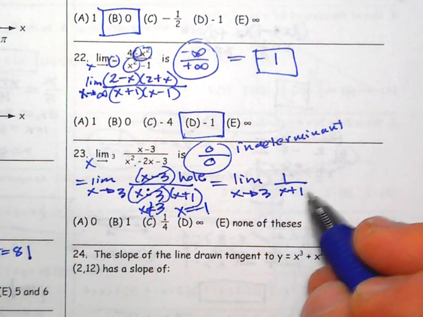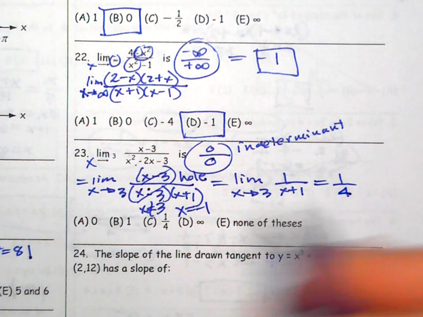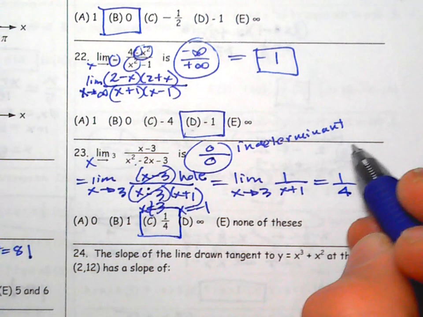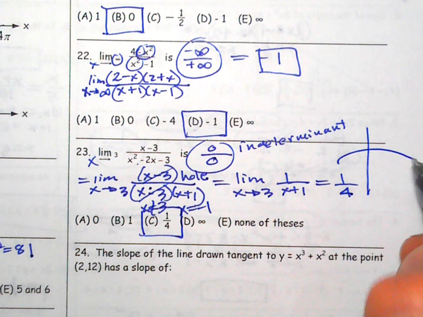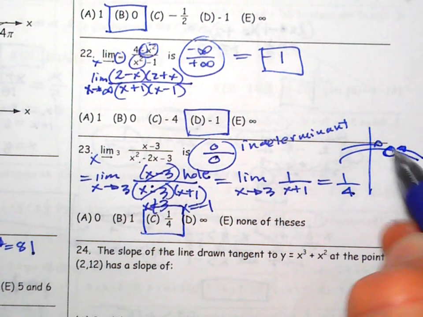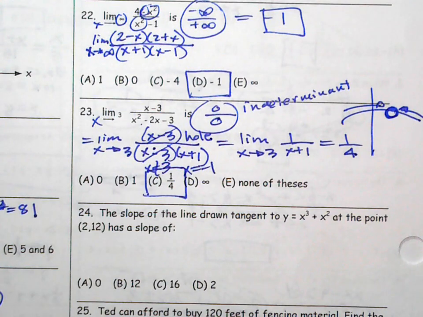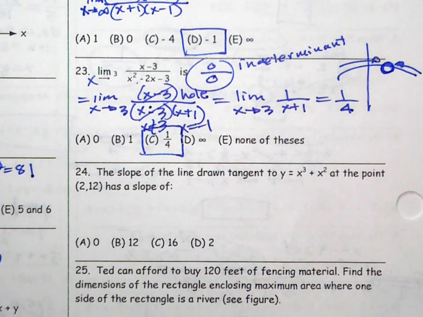So when we plug 3 in and you get 1/4, that's what the limit is going to. That's what the function is trying to go to as you approach it from both sides, but there's actually a hole in the graph. Like the graph is missing there, but the limit still exists. So the way you find it is by trying to get rid of the hole, and then you can figure out what's going on.